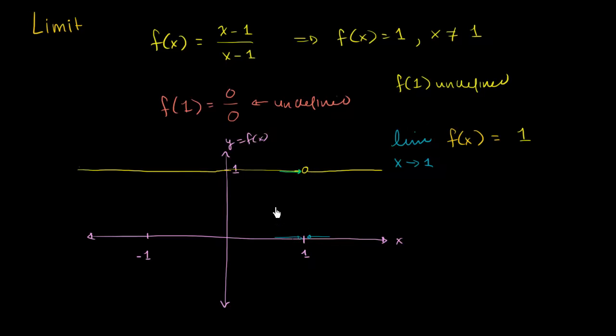Let me do another example where we're dealing with a curve, just so that you have the general idea. Let's say that I have the function, and just for the sake of variety, let me call it g of x.